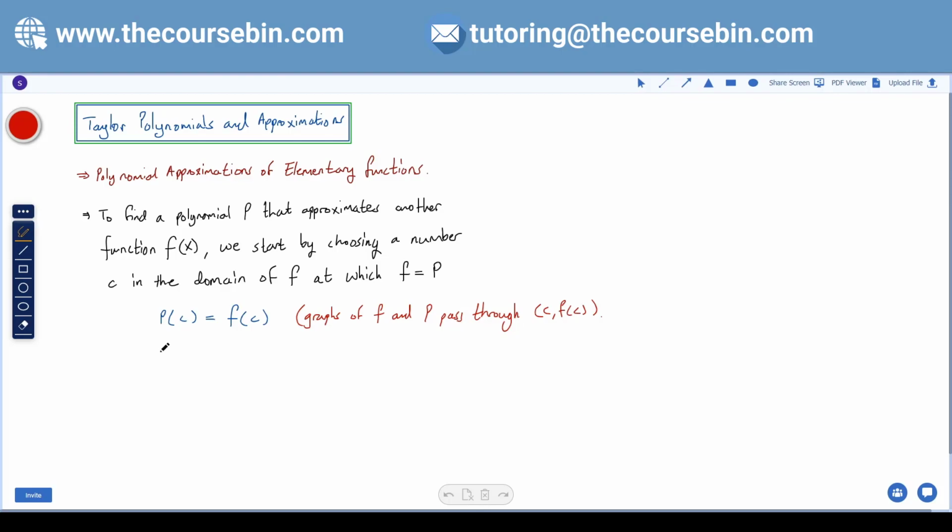So c is acting like the center about which we're expanding this polynomial. So we're saying that p of x is centered at c.